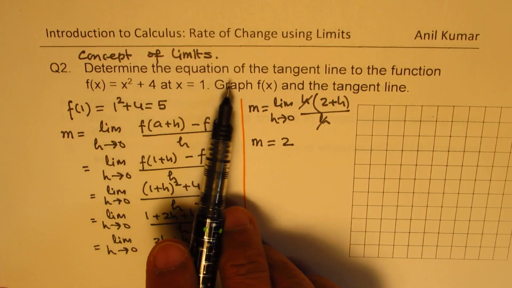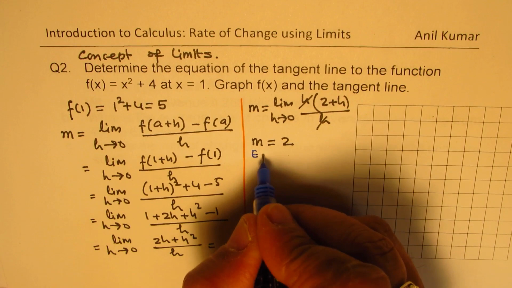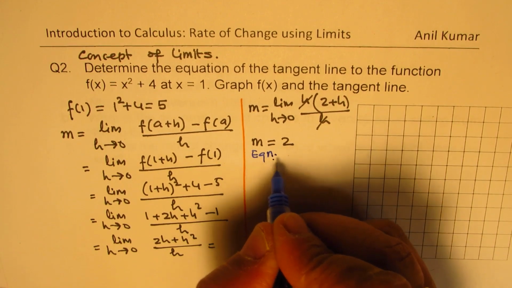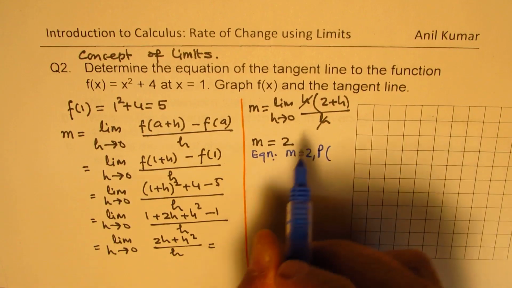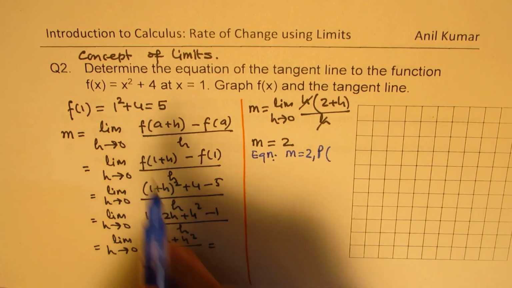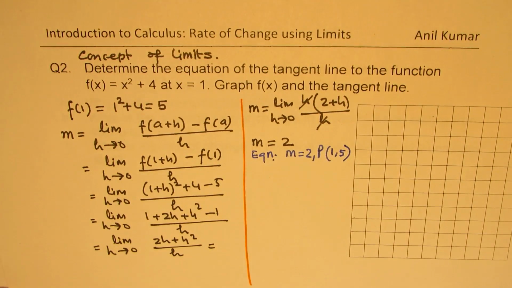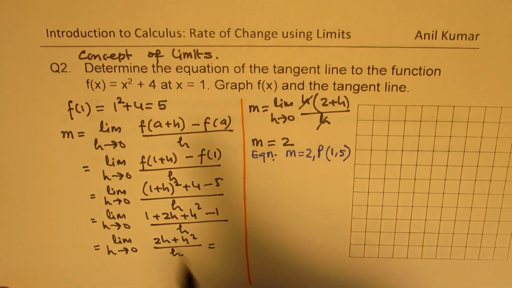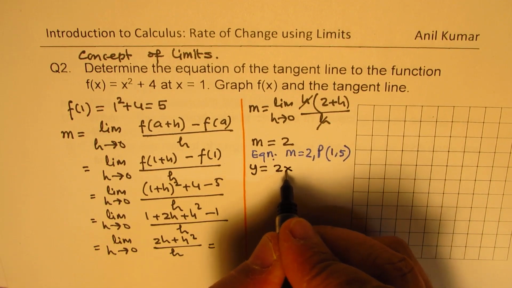We need to determine the equation of the tangent line of this function. So now to find the equation as we did earlier, we know the slope m is 2 and the point is, when x is 1, the y value is 5, right? So 1, 5. The equation can be written as y equals slope m, which is 2, times x plus b.